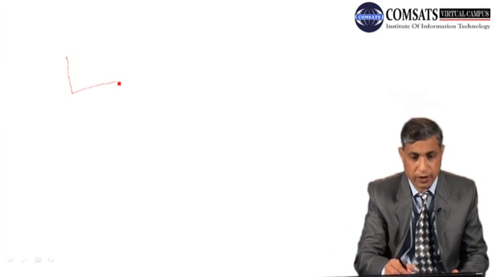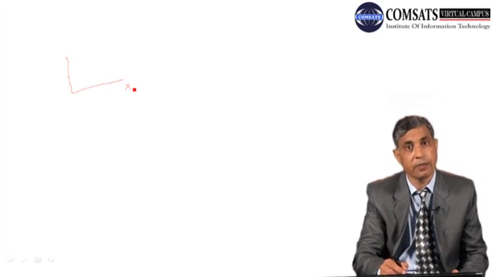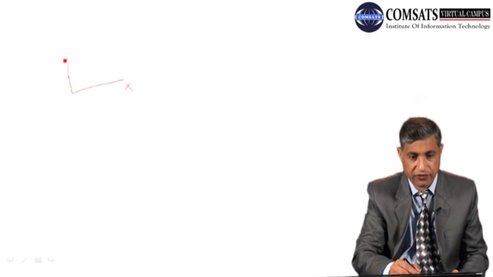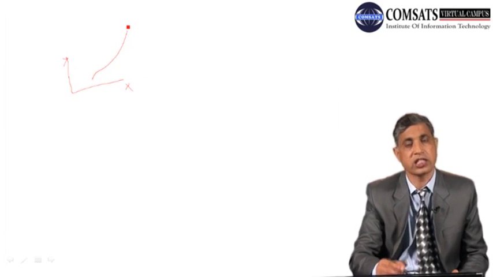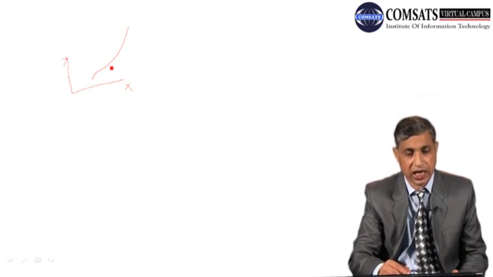So if I make a function before you, this is the x, the independent variable, this is the y, the dependent variable, and suppose this is our function. And I say I want to see the rate of change at this point.